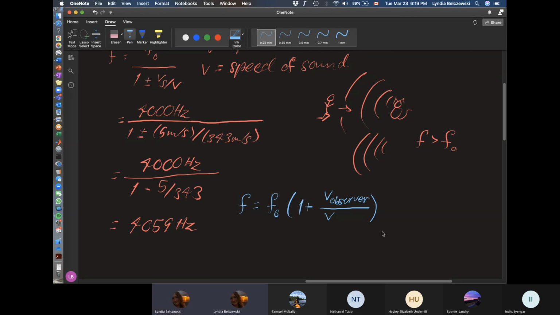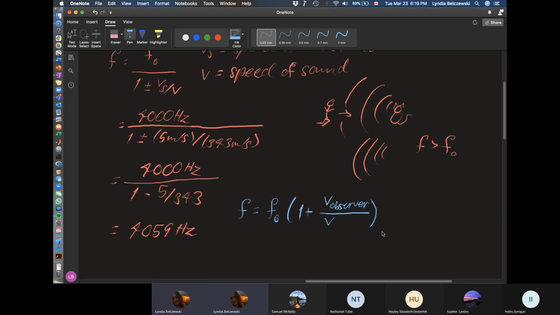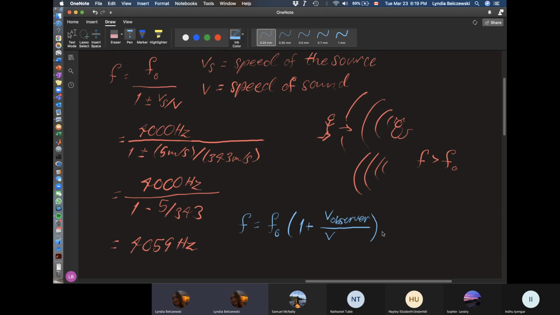Okay, so what this equation is doing is, well, it's doing two things. I guess the main part is that it's changing the speed of the source into a speed of the observer, and so it's playing around with the signs in that way.